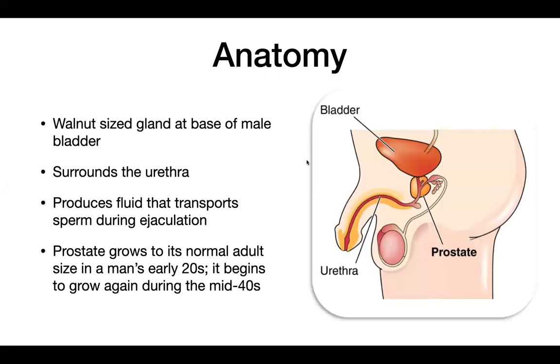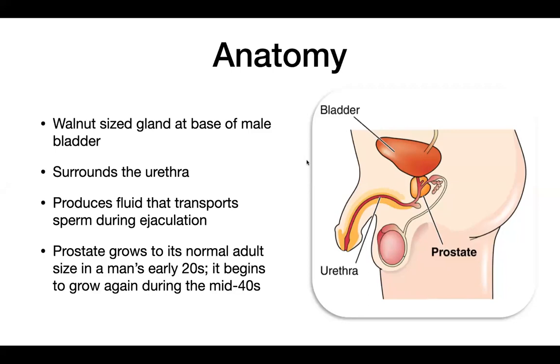Just going through a brief anatomy of the prostate. The prostate is a walnut-shaped gland that sits at the base of the male bladder. It surrounds the urethra, and its main function is to produce the fluids that help to transport sperm during ejaculation.